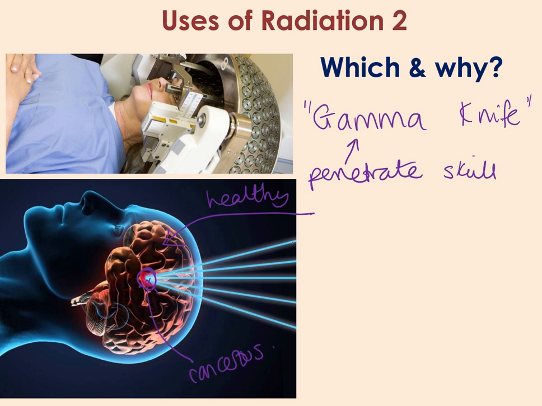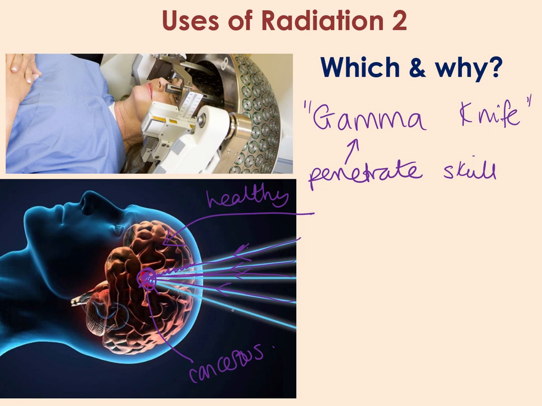So instead of just taking one beam and pointing it at the tumour from one direction, which would give this healthy tissue a high exposure, we fire the beam in one direction and then another and then another and then another to minimise the exposure to the healthy cells and maximise the exposure to the cancer.